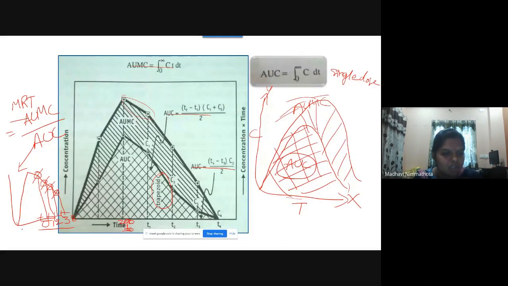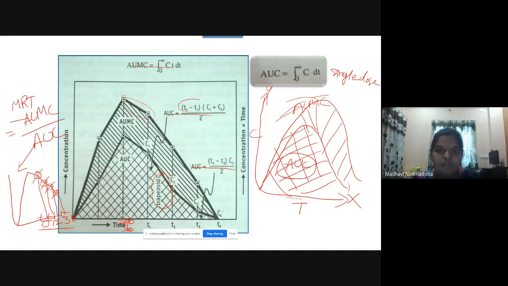Why? Because this is time on the x-axis. That's why you write like this: T1, T2, T3, T4. Then with respect to T1, T2, T3, T4, you can write the concentrations C1, C2, C3 and C4. Then if you want to calculate this AUC, you just find the difference between T2 minus T1, times C1 plus C2.